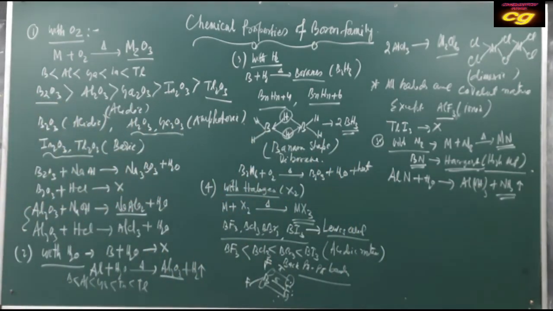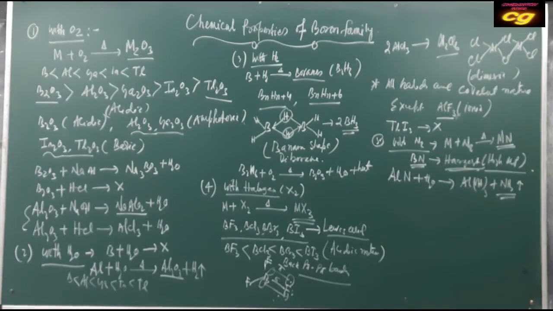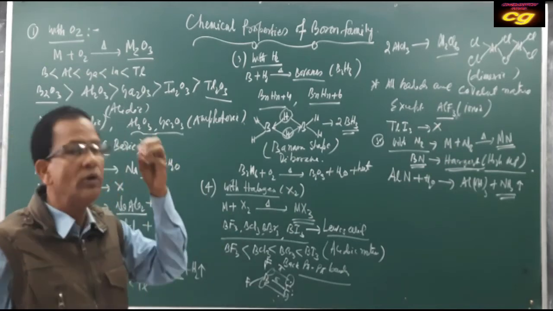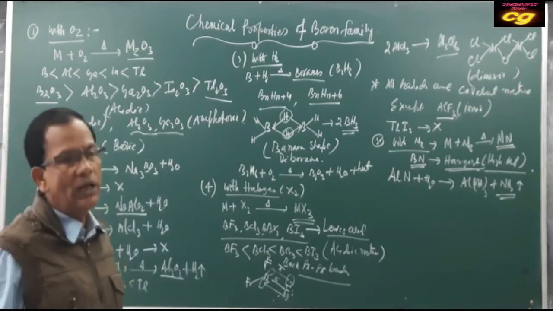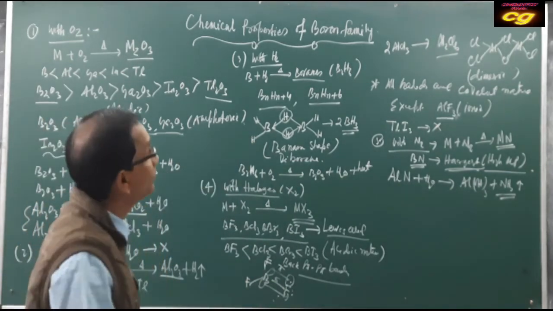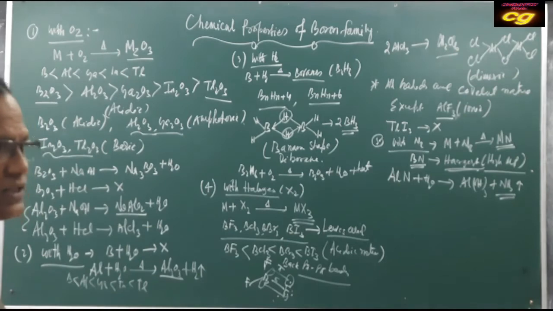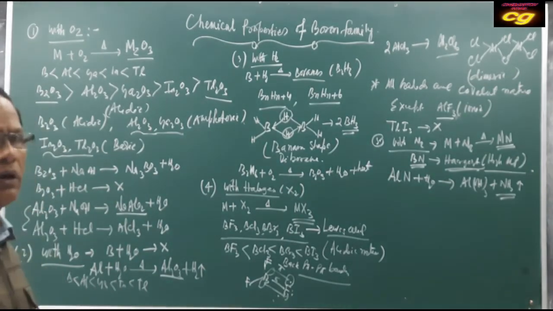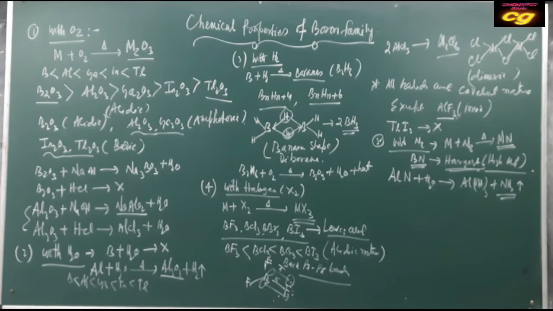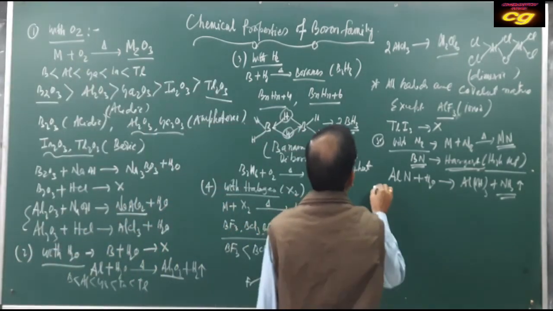So these are the nitrides, halides, and the comparison of acidic character of halides. Generally, remember, all boron compounds behave as Lewis acids due to the availability of vacant orbitals on boron. Boron hydrides and boron halides are almost all Lewis acids. Okay? With acids.